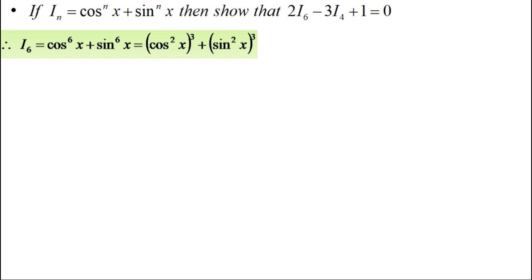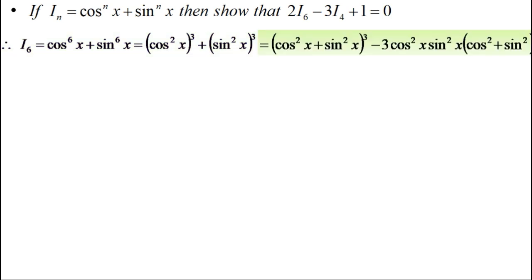Now we know a cube plus b cube equals (a plus b) whole cube minus 3ab into (a plus b). Then (cos square x) whole cube plus (sin square x) whole cube is equal to (cos square x plus sin square x) whole cube minus 3 cos square x sin square x into (cos square x plus sin square x).